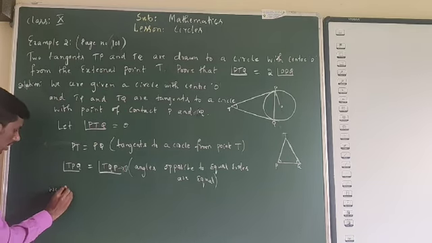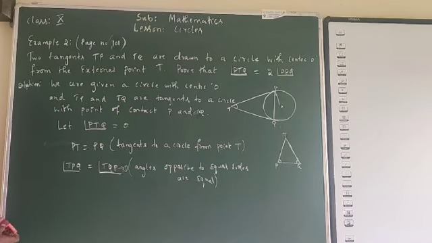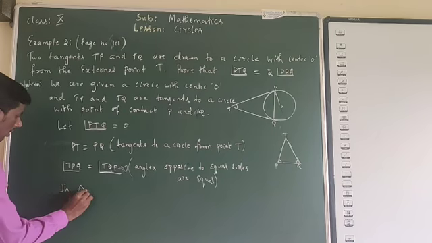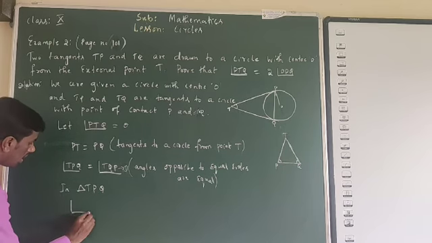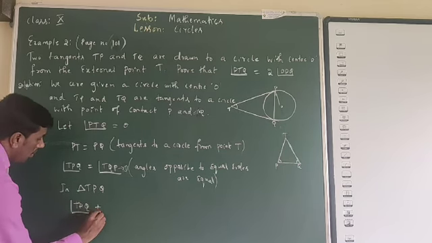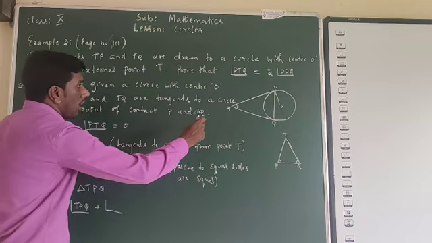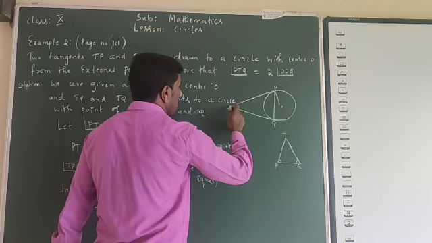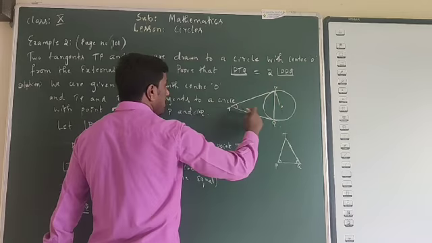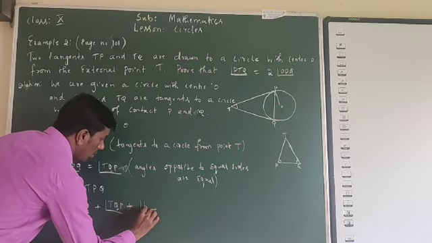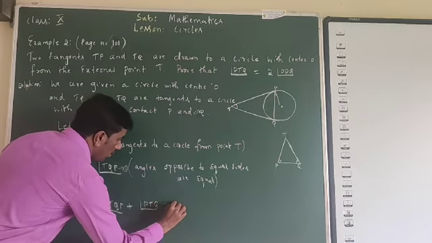So we will write that in triangle TPQ, angle TPQ plus angle TQP plus angle PTQ will be equal to 180 degrees.